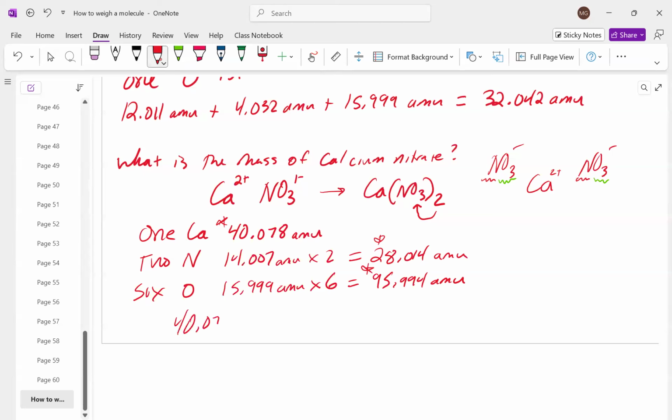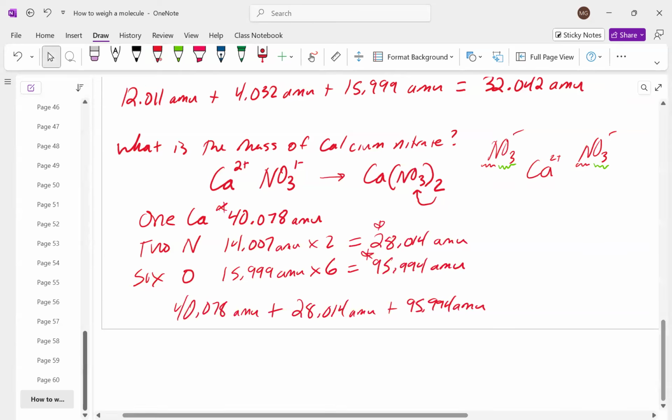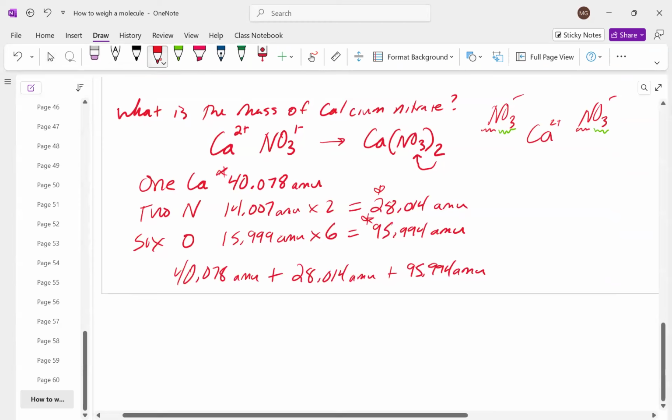So 40.078 atomic mass units plus 28.014 AMU, 95.994 AMU. And one of the things I do want to highlight is it's elementary right now, but do keep track of your units, because that's going to help you with much more complicated calculations down the road.